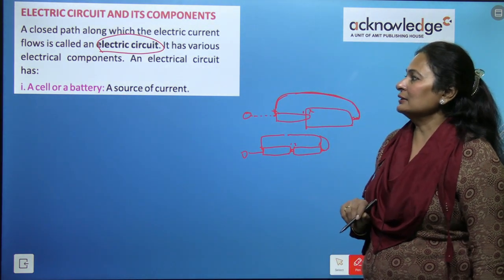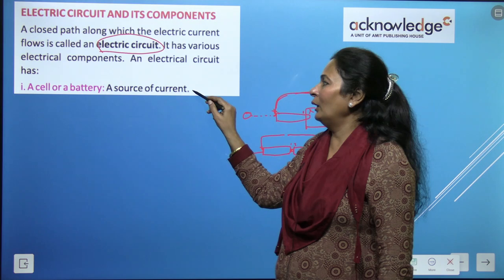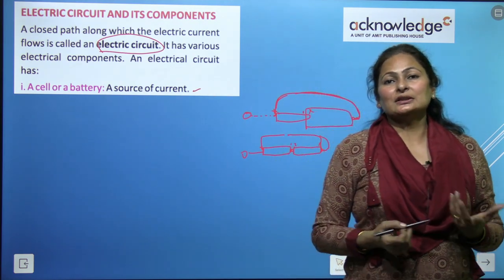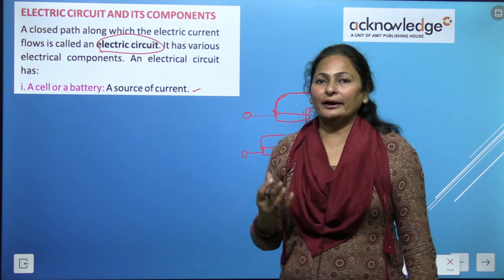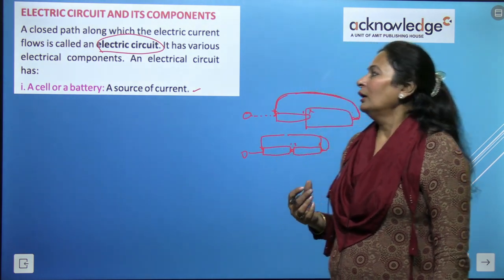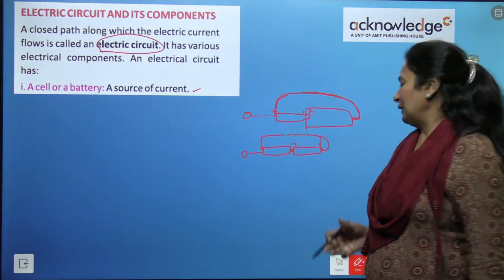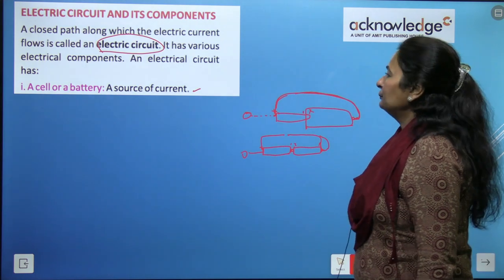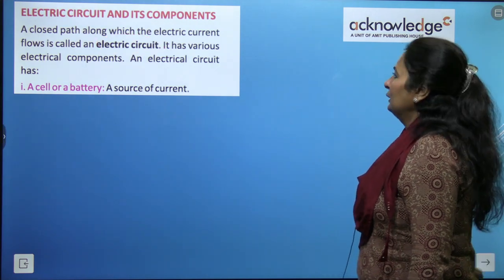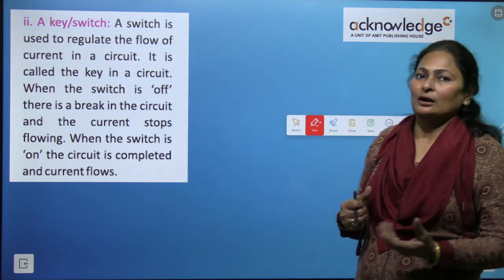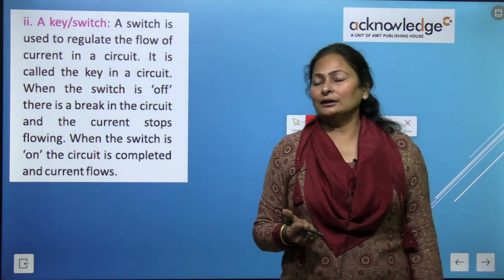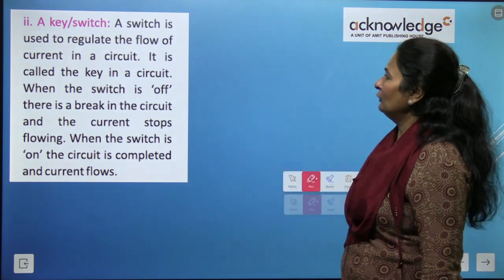An electrical circuit has a cell or battery, which is the source of electricity, right? A source of current. So a cell or battery is a source of current.